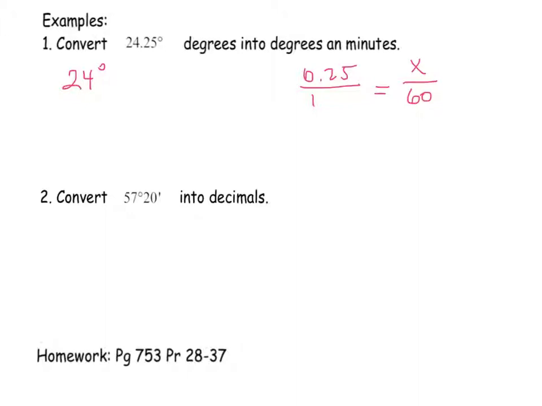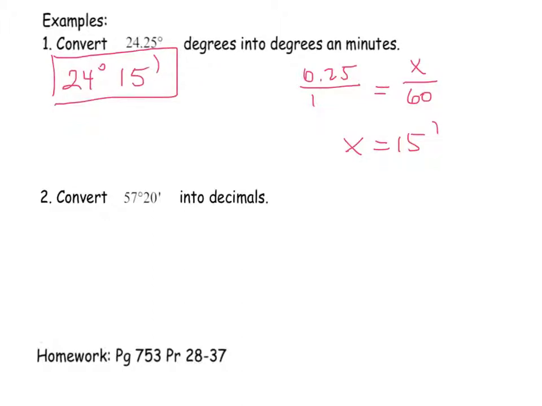So I have to multiply the 0.25 and the 60 and end up getting 15. X equals 15 minutes. And we represent that by the little slash. So x will equal to 15 minutes. Therefore, 24.25 degrees can be converted into 24 degrees and 15 minutes.